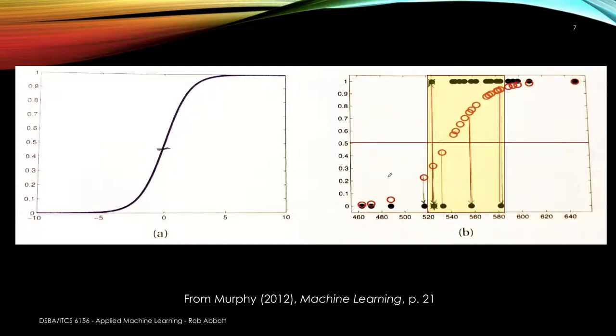But if I look at this example from page 21 in Murphy, I see where some of the caveats for this are. So outside of this yellow box of uncertainty, this yellow box of doom, the function works the way you would expect it to.